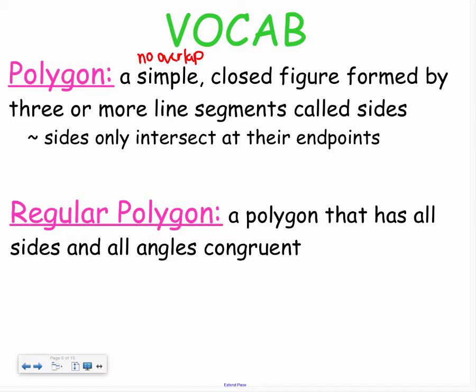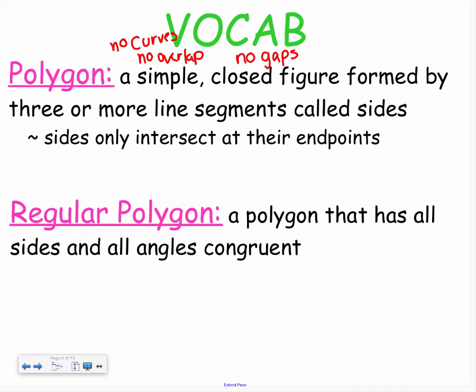And the closed means that there are no gaps within the figure. Simple also means that there are no curves within the sides. A regular polygon, which is what we are going to be looking at today, has all of its sides and all of its angles congruent.